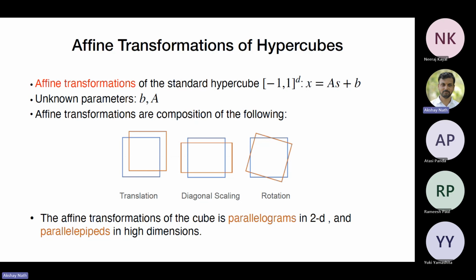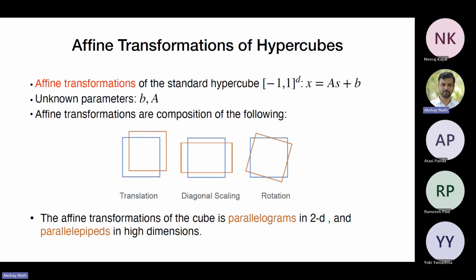We assume s is taken from the standard hypercube, so on each coordinate it is uniform from the interval -1 to 1, and it's a product distribution over all d coordinates, where d is the dimension. We first transform it by a full rank matrix capital A, and then translate it by a vector small b. Our goal is to try to recover these two: the vector b and the matrix A.